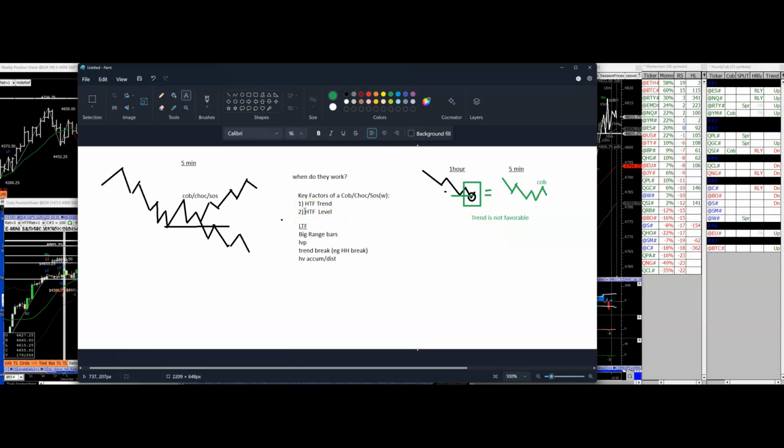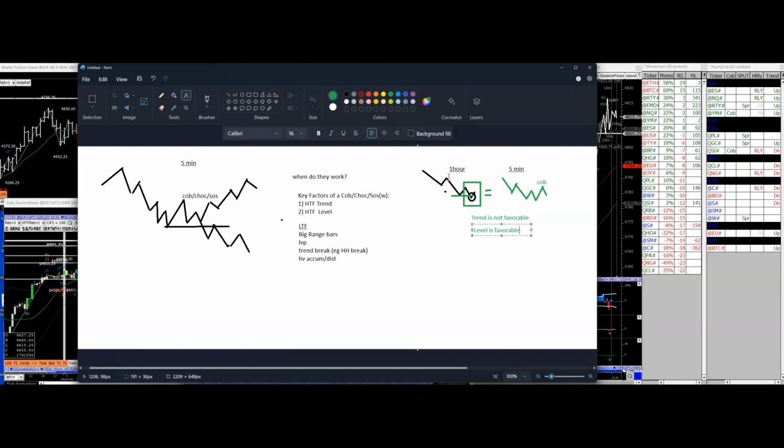Second is the higher time frame level. This is at the level, so level is favorable. Why? Because it's at support. It's coming back into support. It's not some random place on the chart. If it's a random place on a chart, you have no point of reference. You need a prior low or a prior high as a point of reference. That's how professionals trade.